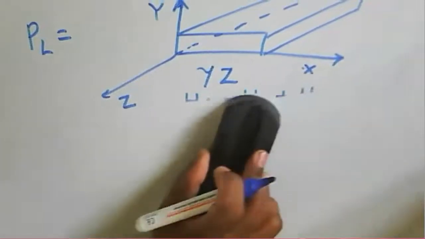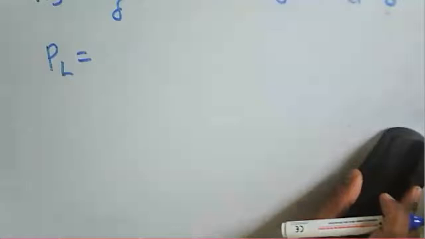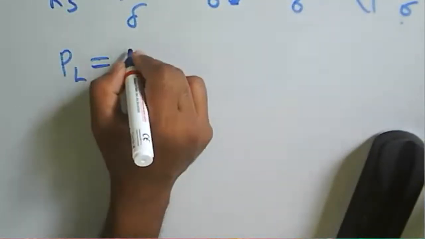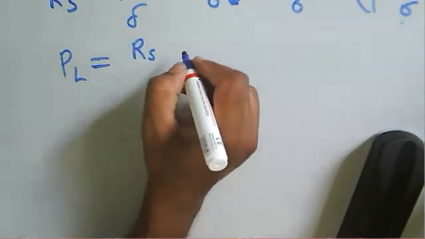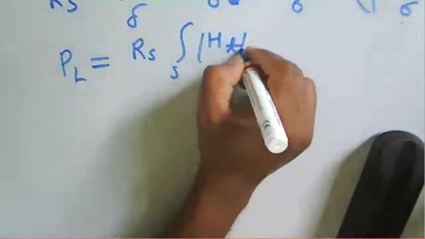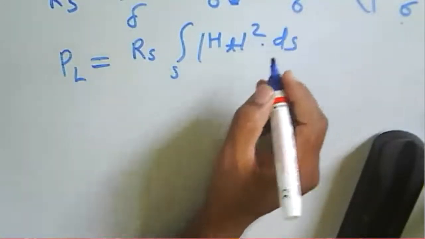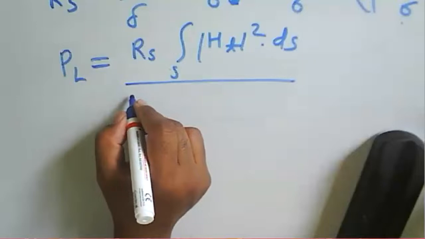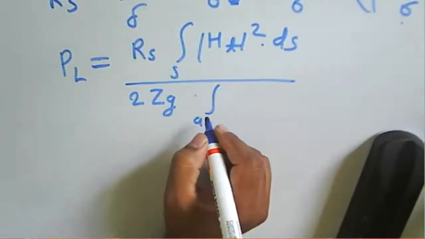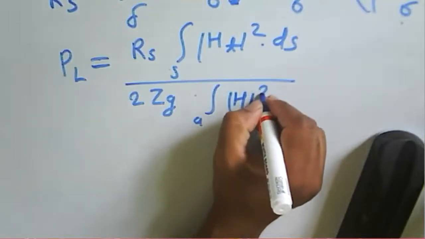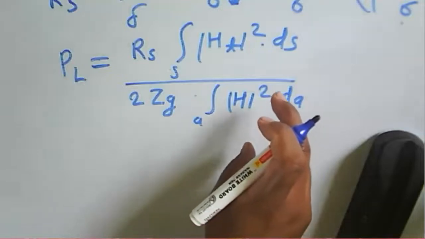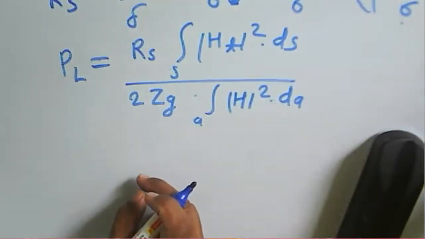So here we will write the loss expression for the guide, which has a tangential component for a given particular surface. For a given surface, it is the integral of the tangential field squared into the area element dA.